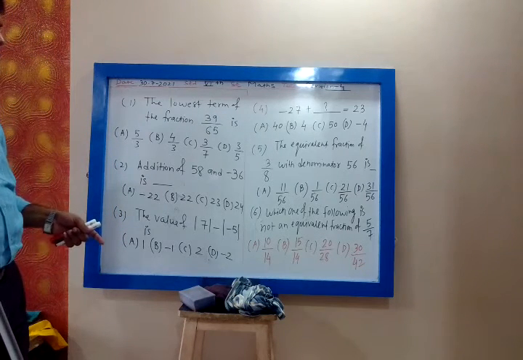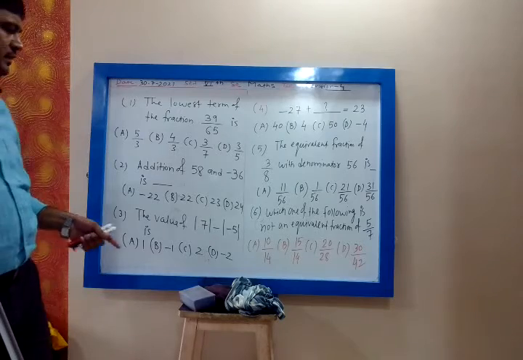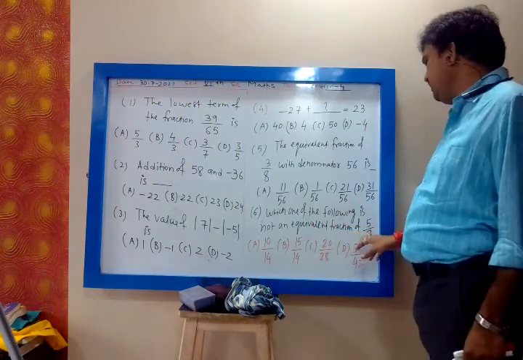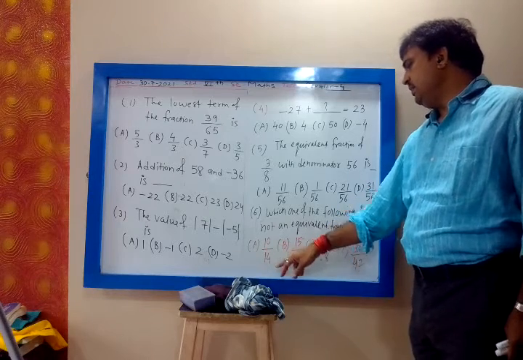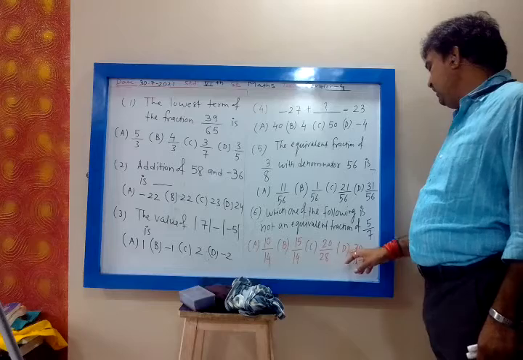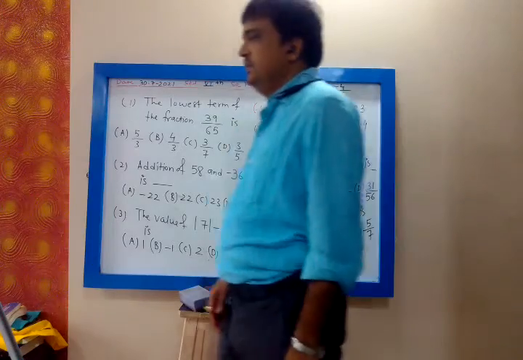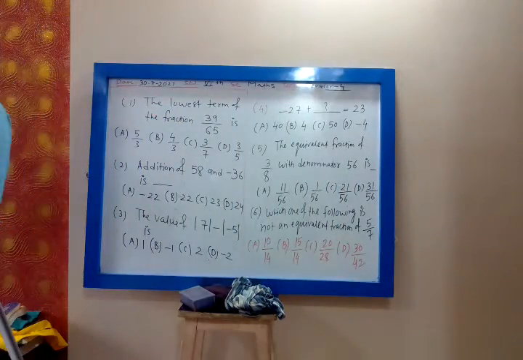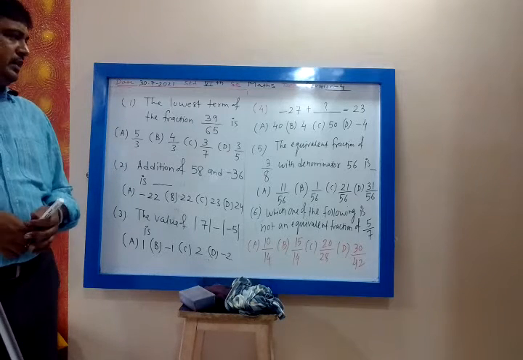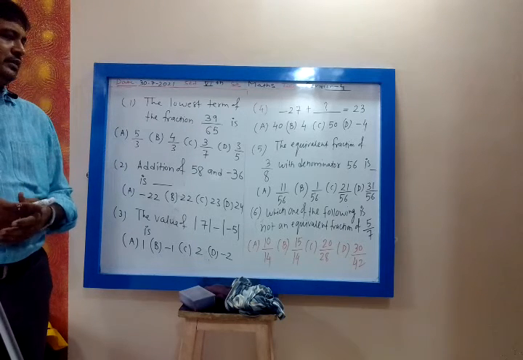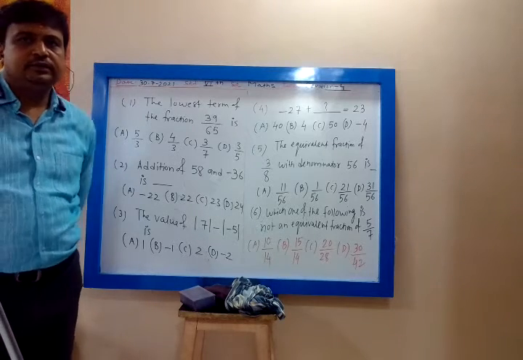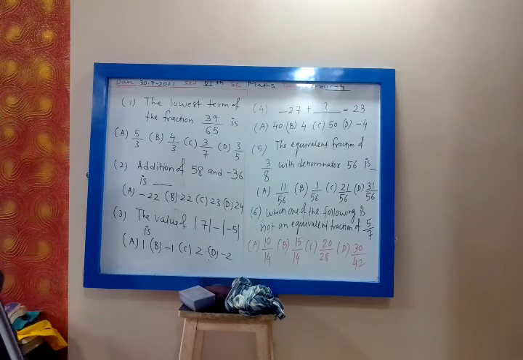Which question? Sixth. Which one of the following is not an equivalent fraction of 5 by 7? Option A is 10 by 14, B is 15 by 14, C is 20 by 28, and D is 30 by 42. Okay, so now 2 more minutes.